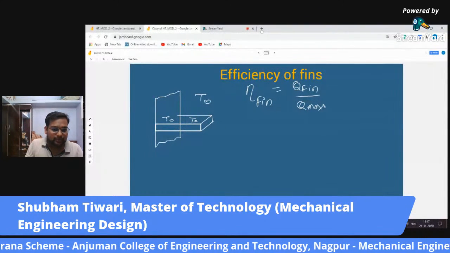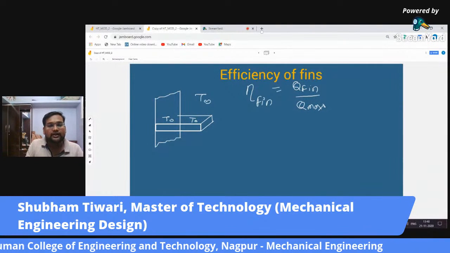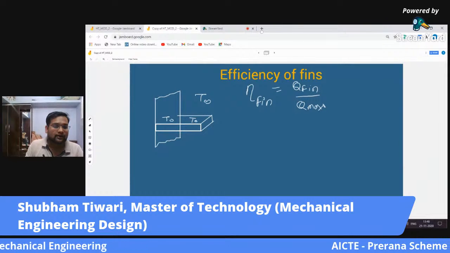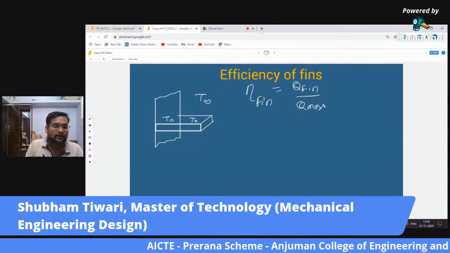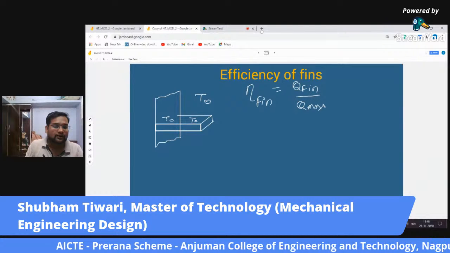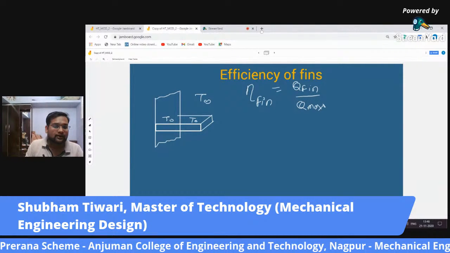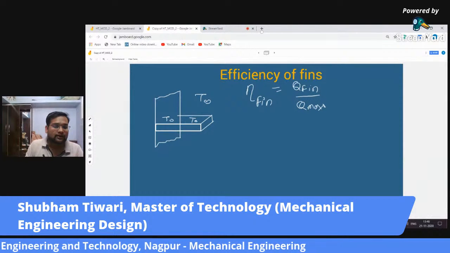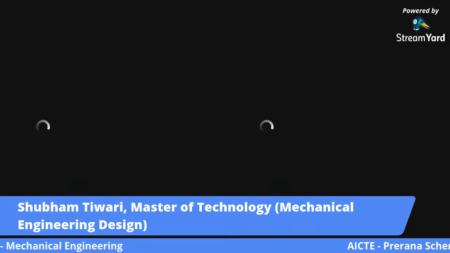So the temperature gradient for the heat transfer is maximum.